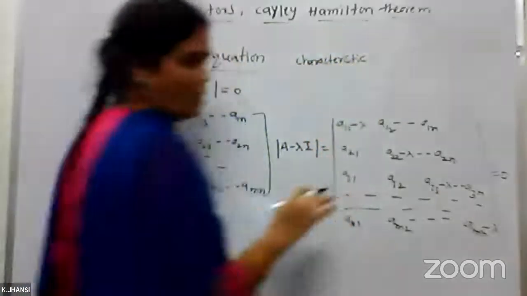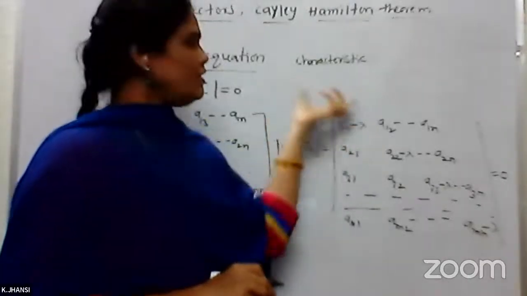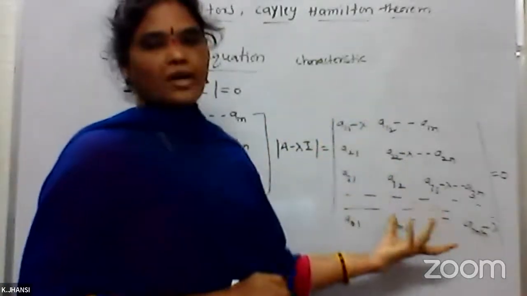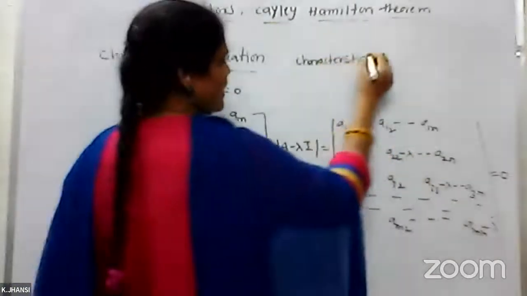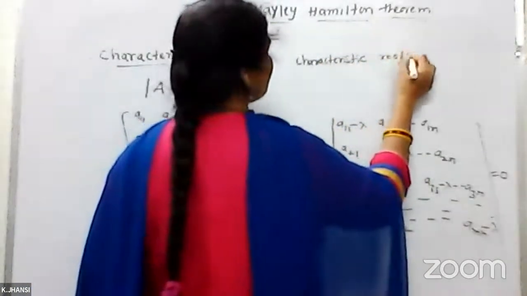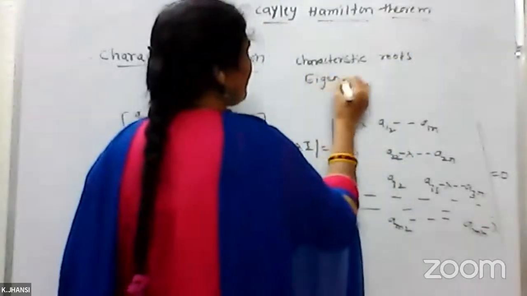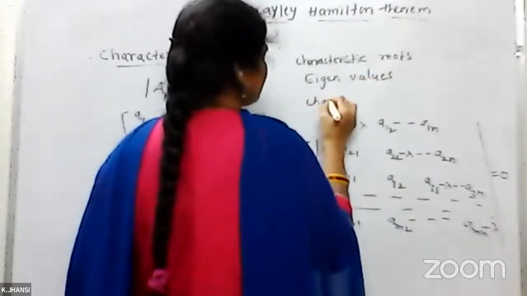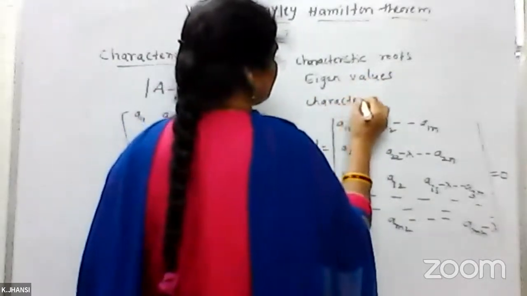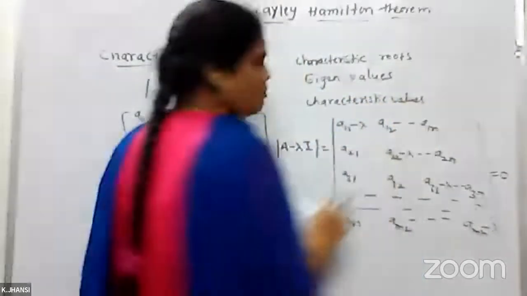When you do the factorization and find those lambda values, they are called characteristic roots or eigenroots or eigenvalues or characteristic values. So all these are the same only.